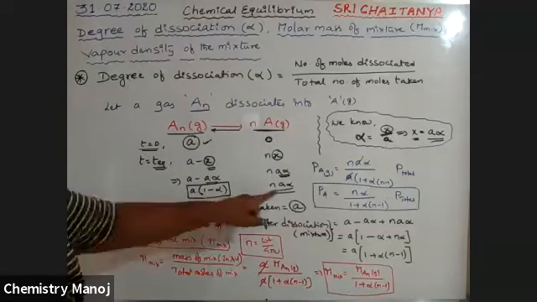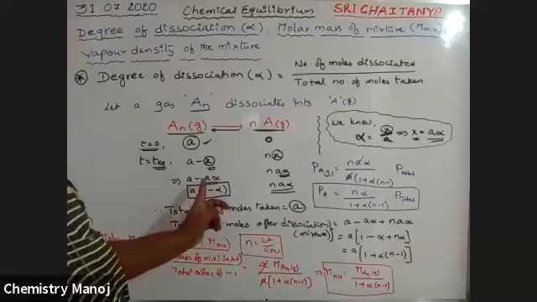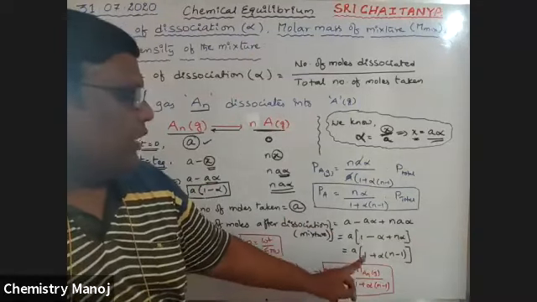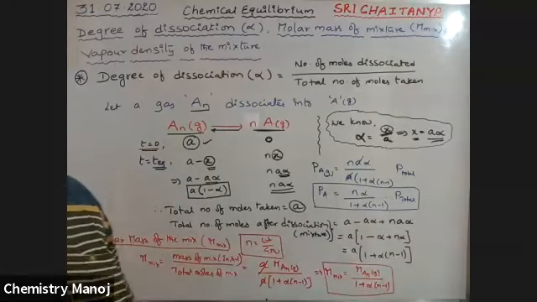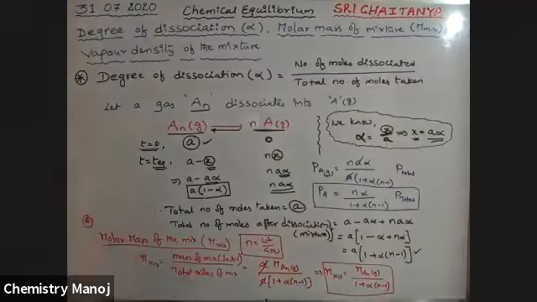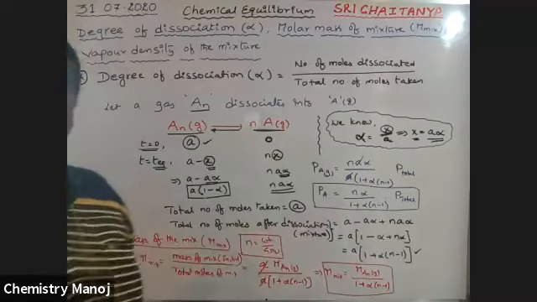Therefore this moles plus this moles: a minus a alpha plus n a alpha. Finally we will get a into 1 plus alpha into n minus 1. So this is the final number of moles in the mixture, the total number of moles after dissociation.